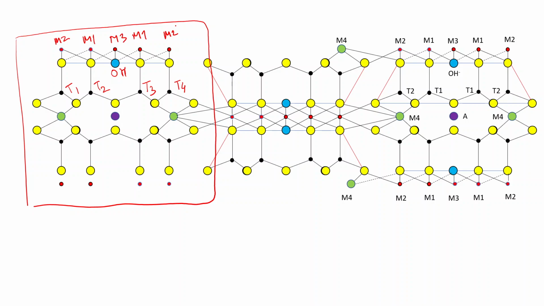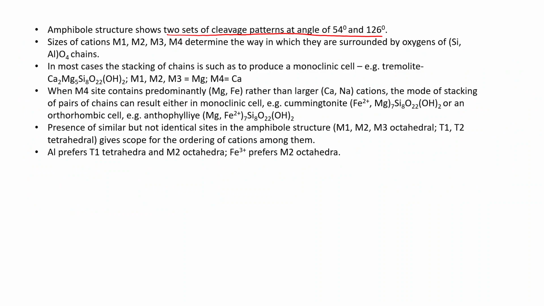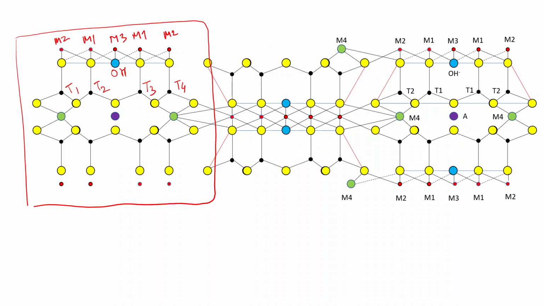This is that side. The linking of these sides, the size of cations M1, M2, M3, M4 determine the way they are surrounded by oxygens of the tetrahedral chain. So how will they be surrounded? Now, look at the basal part. As I had mentioned in the beginning, these are not individuals, but they are strips. This is a strip of M cations. This is one strip.